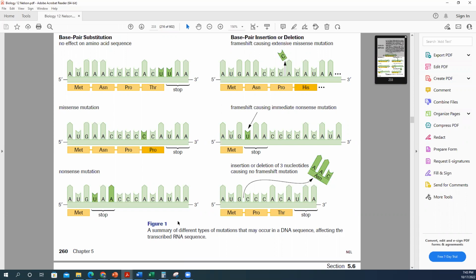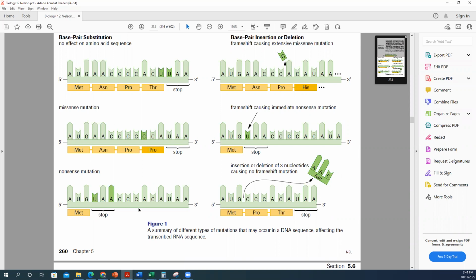It may be missing crucial parts of the polypeptide chain that allow for the correct fold. It really is specific, but in nonsense mutations, the point mutation creates a stop codon, causing the polypeptide to end before it's supposed to.